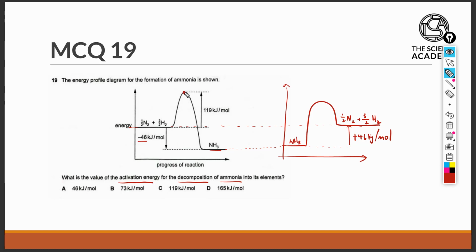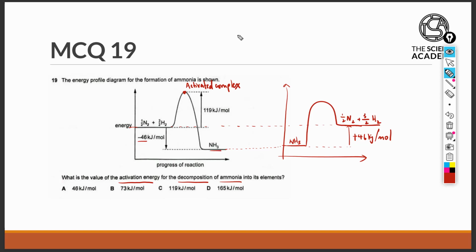At the peak of the hump in the first energy profile diagram, we can think of this as an activated complex or an unstable complex that is halfway through the reaction from these reactants to these products.